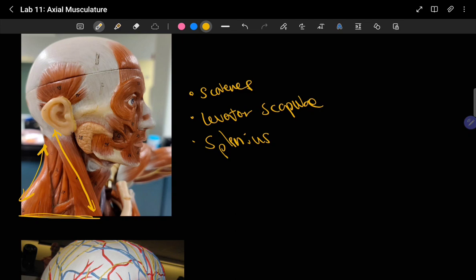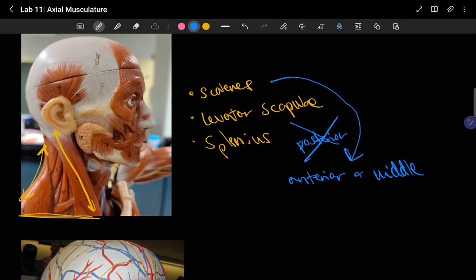So our scalenes are going to be the most anterior muscles that we see. And let's get a different color here. So we have an anterior, middle, and a posterior scalene. Posterior is not so visible. It is kind of tucked away here, so don't worry about that one. We are mostly concerned about anterior and middle scalenes.